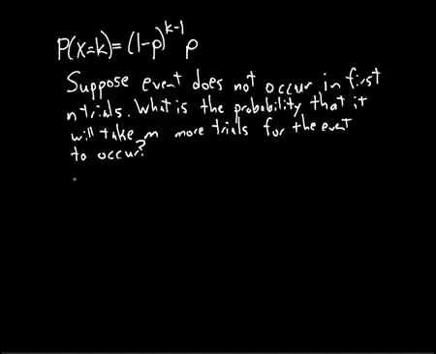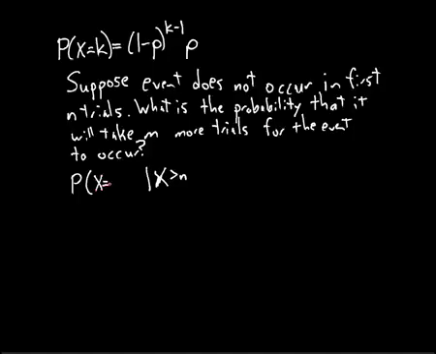And what are we trying to compute here? Well, we're trying to compute a conditional probability. Now, what are we conditioning on? We're assuming that the event does not occur in the first n trials. Since X is a geometric random variable, it gives the number of trials that it takes for an event to occur. So this is just saying that it takes more than n trials for the event to occur. So given that X is greater than n, what's the probability that it will take m more trials for the event to occur?